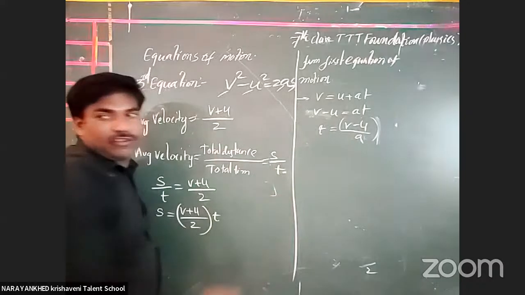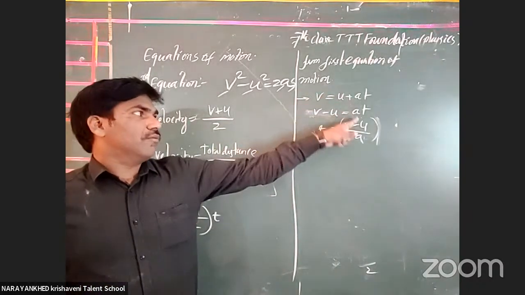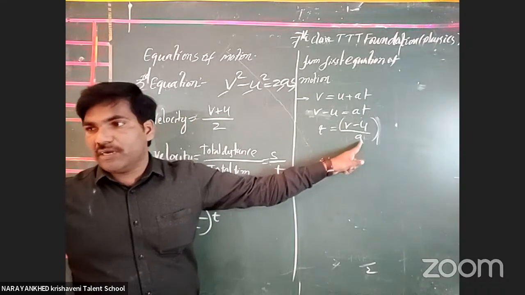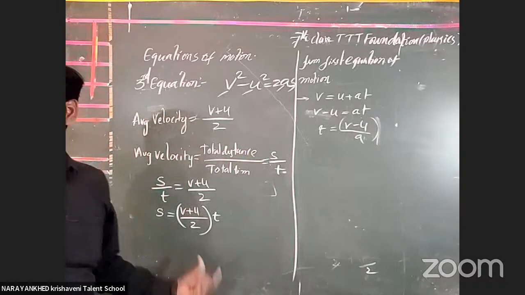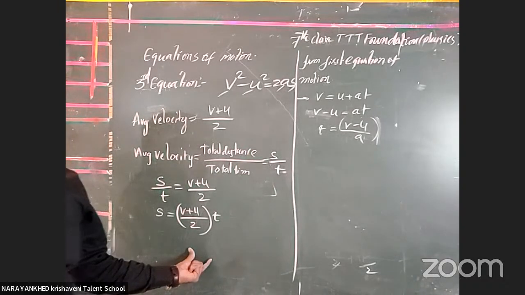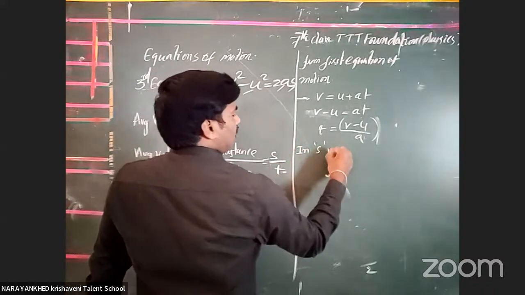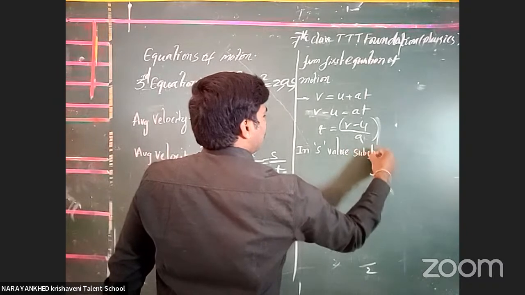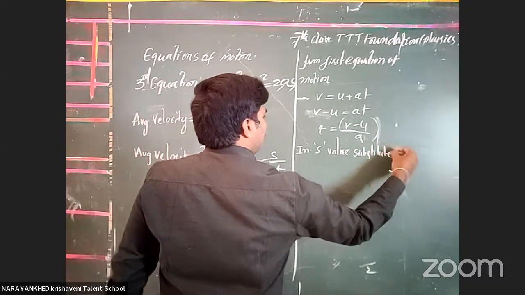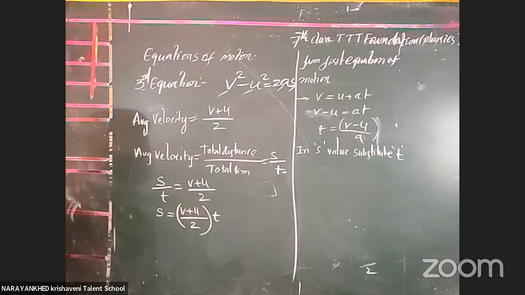From the U coming to the other side, the denominator A will be there. Now in the place of T you have to substitute in this equation. Okay, clear or not? In the S value, substitute T.